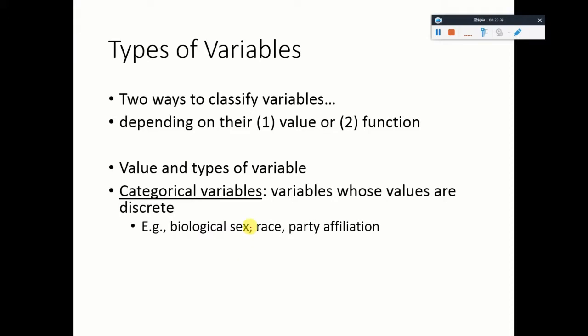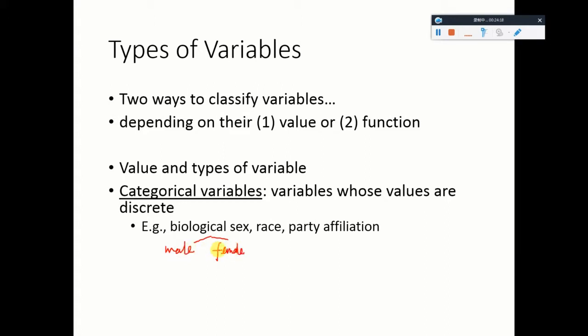First of all, this is a variable because it can take two values, at least among humans. Among non-human animals, it's possible that they have a third sex. But anyway, we're focusing on humans here. In most cases, 99.9% of the time, a person is either a male or a female. In other words, this variable biological sex can take two values.